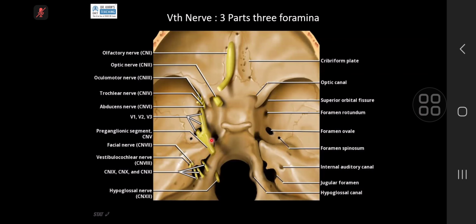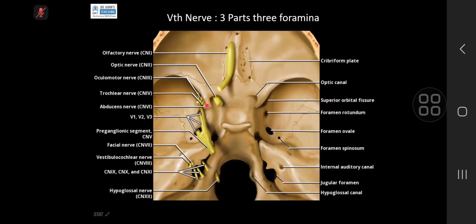So this fifth nerve, three parts go through three different foramina. The V1 passes into the superior orbital fissure along with other nerves which will supply the muscles of the globe, the orbital muscles.